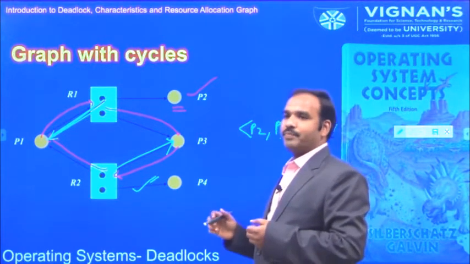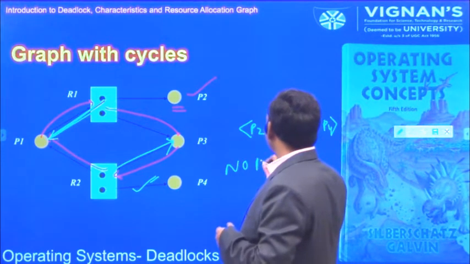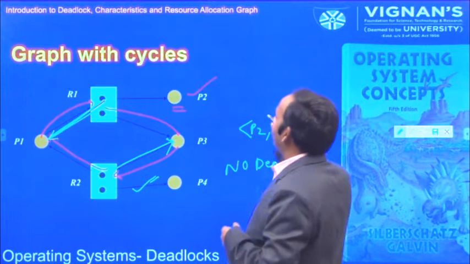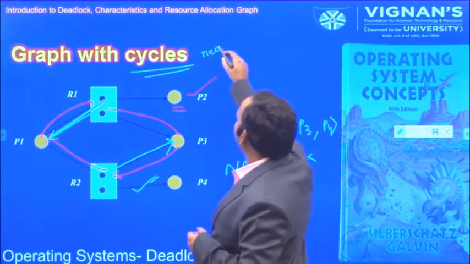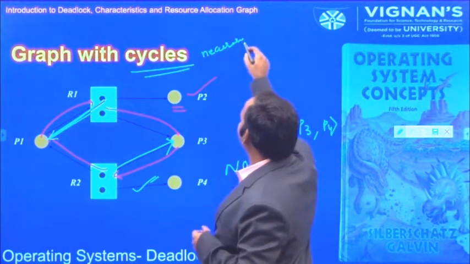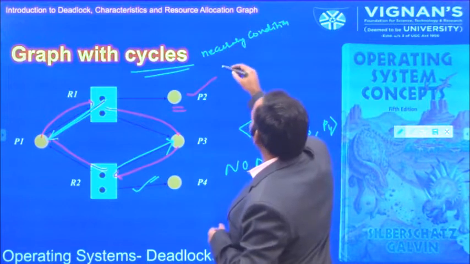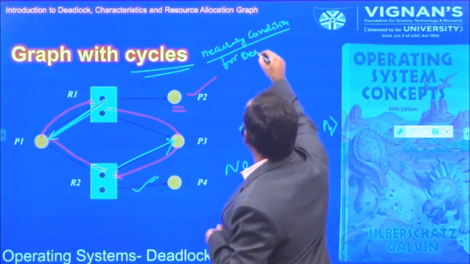Even though the cycle exists, here there is no deadlock. So finally, what we can say is that a cycle is only a necessary condition, not a sufficient condition. This is only a necessary condition for deadlock.